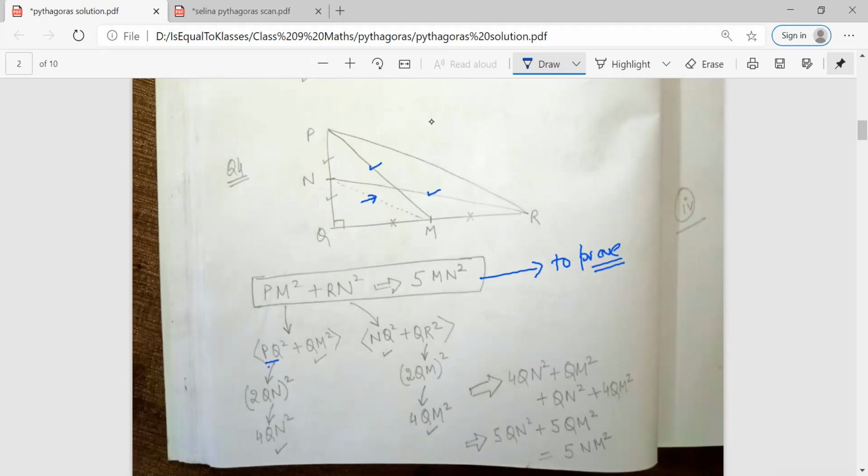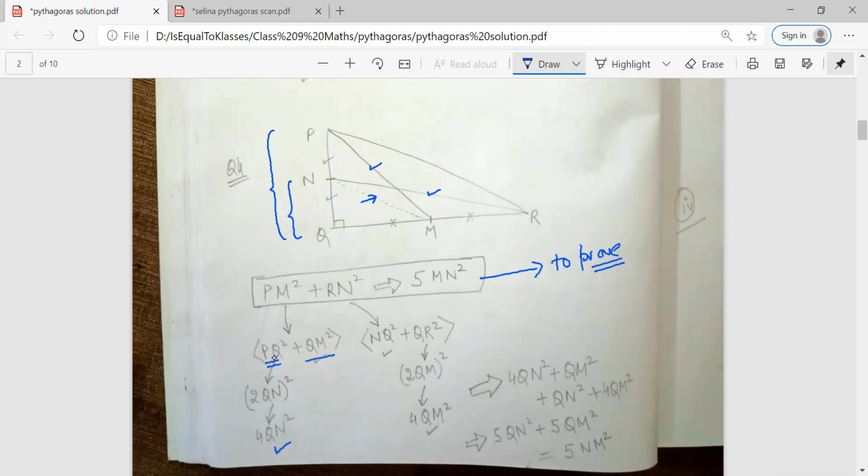Now PQ square, I understand, would be equal to twice of QN square. Any doubt? No, sir. Because this line is half of this line. So I have mentioned PQ square as twice of QN square, and when I open twice of QN square, it is equal to 4QN square. Any doubt? No, sir. Similarly, I consider RN square. I do not touch QN square.